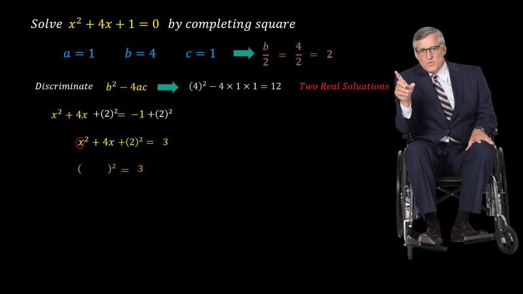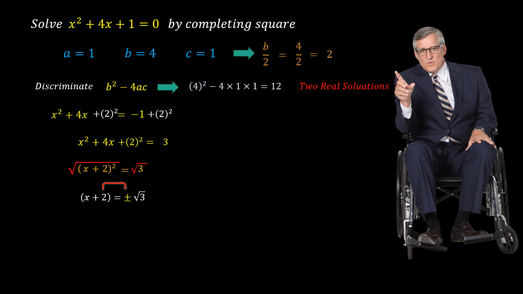The first term is x, so put x. The first sign here is plus, so put plus, and the number inside the brackets, which is b over 2, equals 2, so put 2. So this is the completing square for this quadratic equation. Now to solve it, take the square root of both sides. The left side is x + 2, but on the right side, keep plus and minus the square root of 3.